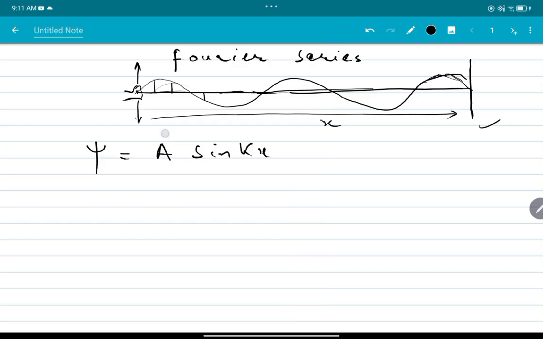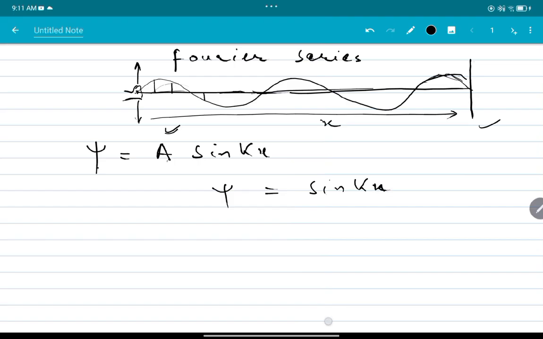Now, so far as A is concerned, if you don't write A here, it means that this wave can have a maximum displacement of 1, because suppose you write psi is equal to sine kx.